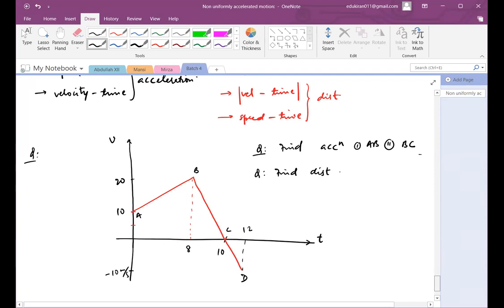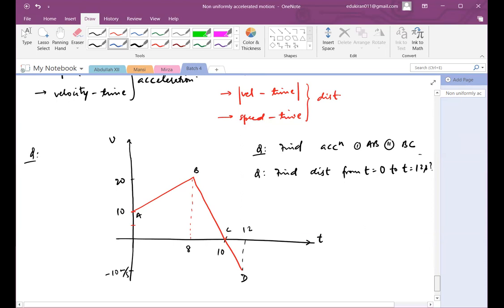Find distance from t equals 0 to t equals 12 seconds. Try to solve.